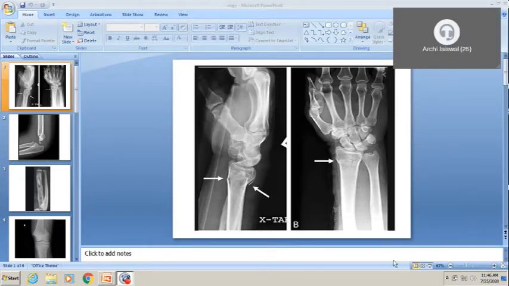So what is the most common complication you will see in Colles fracture? Dinner fork deformity. Okay, that is a deformity, not a complication.